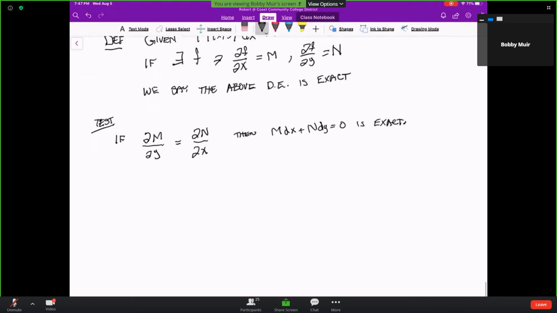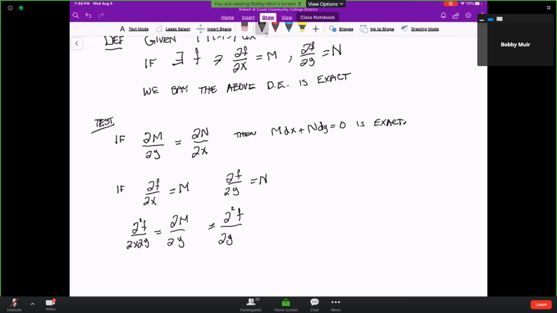Now, the reason for this is this. If partial f partial x is equal to M and partial f partial y is equal to N, then we must have, since partial squared f partial x partial y, which is partial M, because we haven't taken the derivative with respect to y yet, these two things are going to have to equal each other due to Clairaut's theorem, as long as we're in a simply connected region.